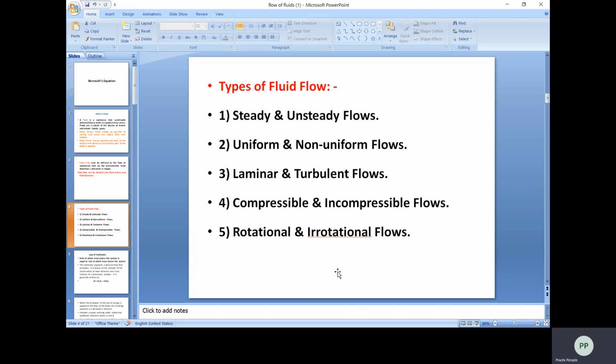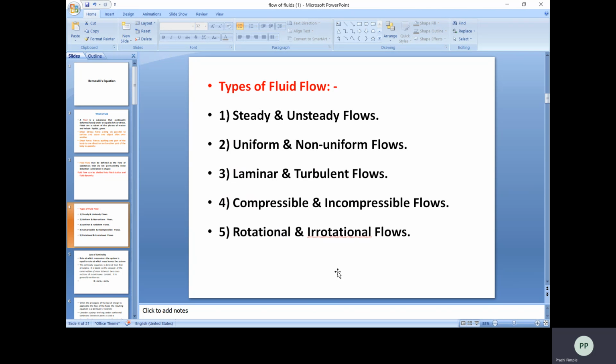Compressible and incompressible flow. In compressible flow, with respect to time there is a change in the density of the fluid, while in incompressible flow there is no change in the density.